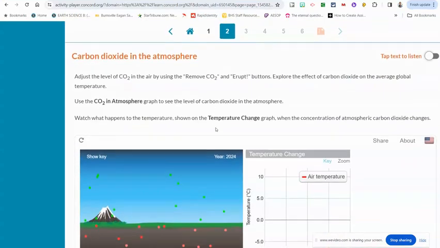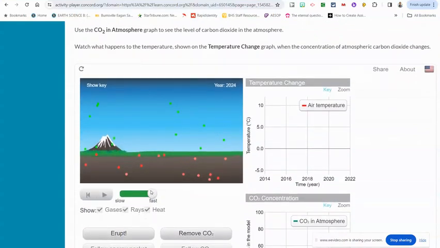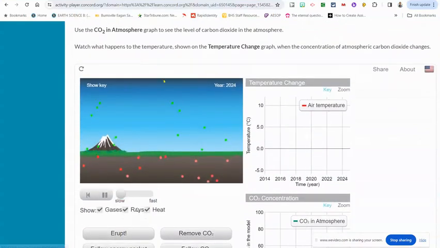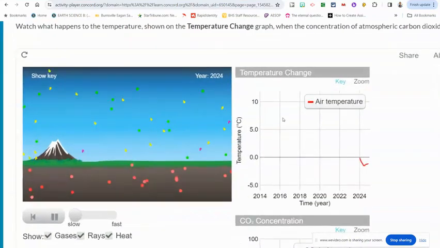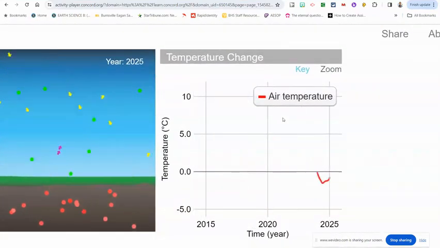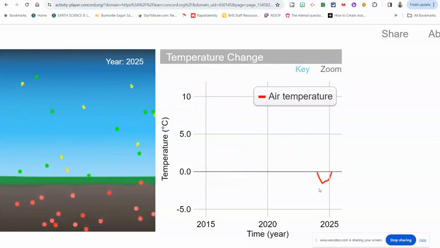Taking a look at carbon dioxide in the atmosphere now, I'm going to click slow again and press play. Now we have two graphs. The rule is when you find a graph, the first thing you should do is read the title of the graph and then take a look at the axes. So the top graph is temperature change.